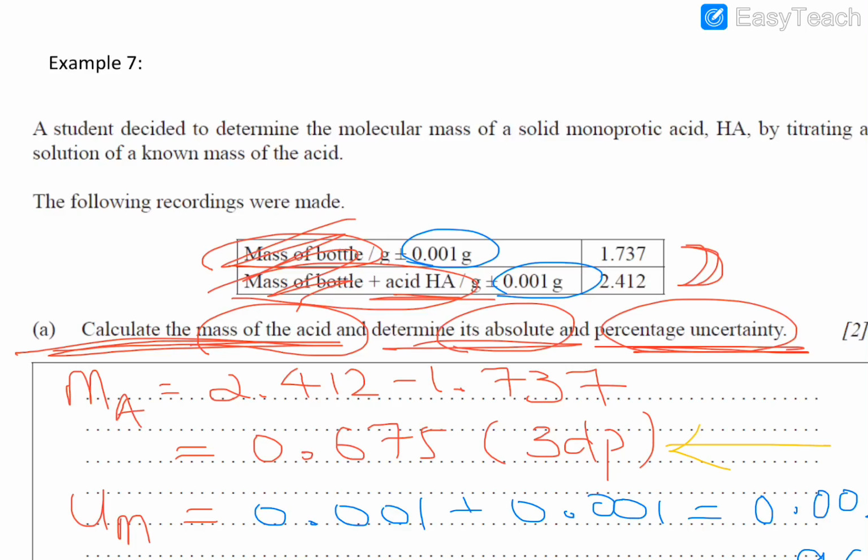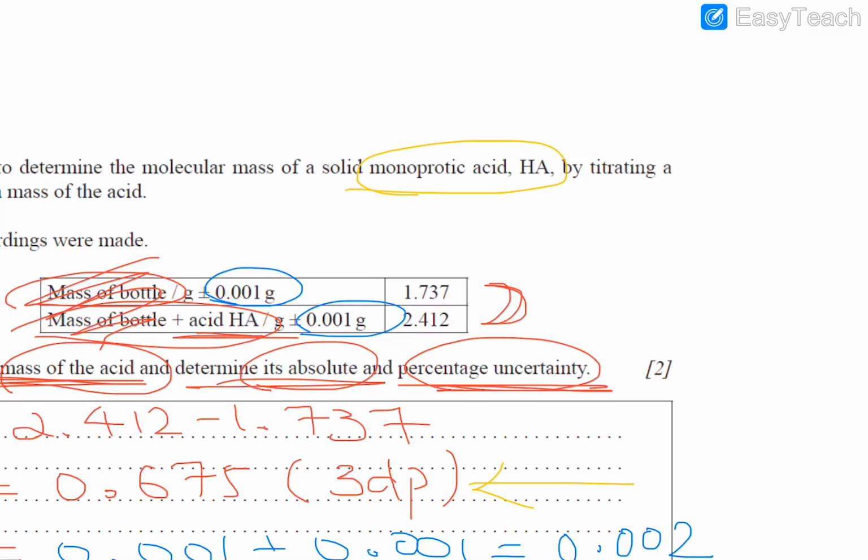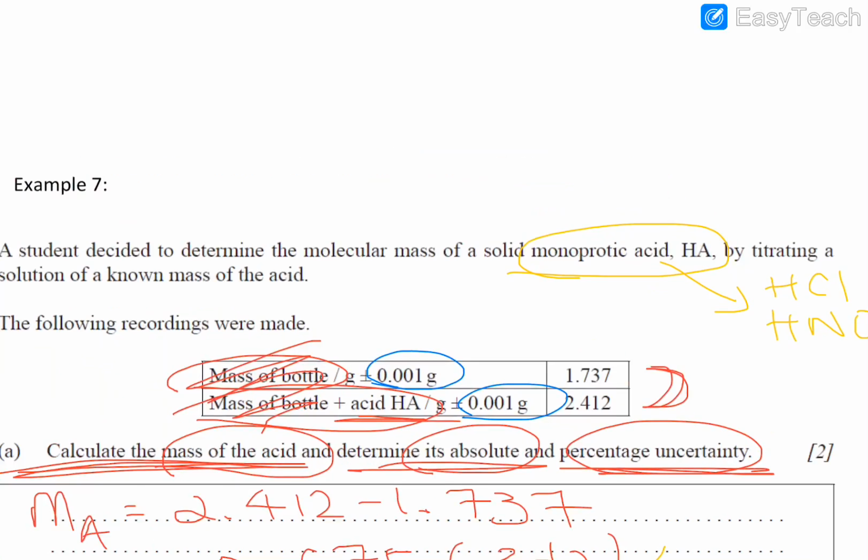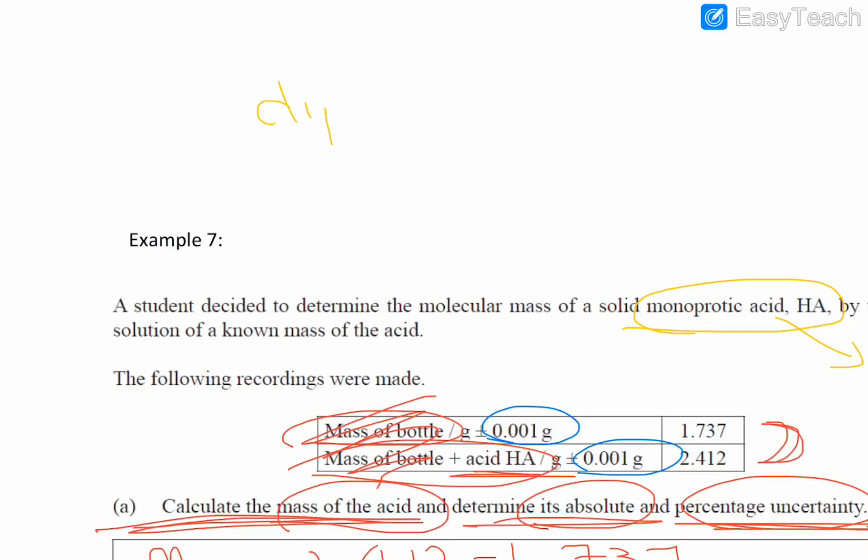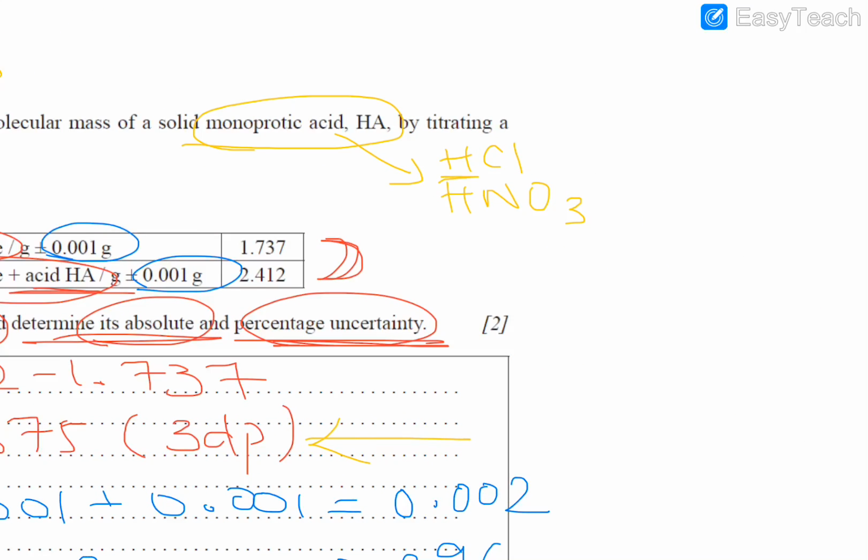Now, let's look at the question. It says a monoprotic acid. A monoprotic acid, you have acids like HCl, HNO3. These are monoprotic acids. Then you have diprotic acids, that's like H2SO4, sulfuric acid, carbonic acid. So monoprotic acid has only one hydrogen that is going to be liberated, so it produces only one H+.